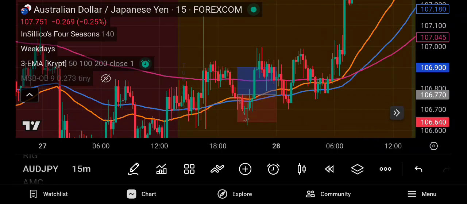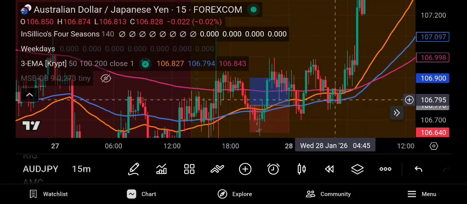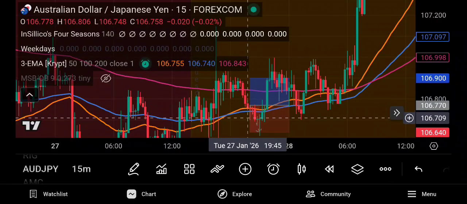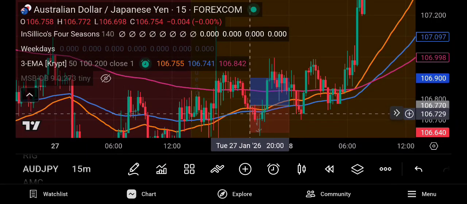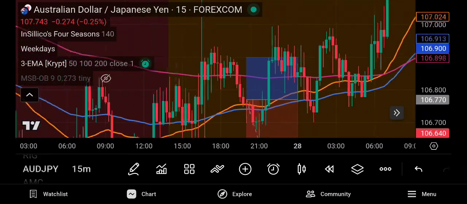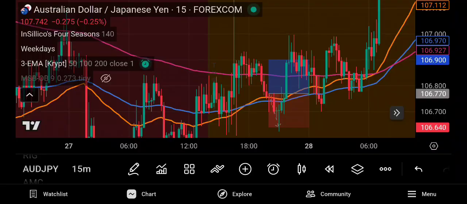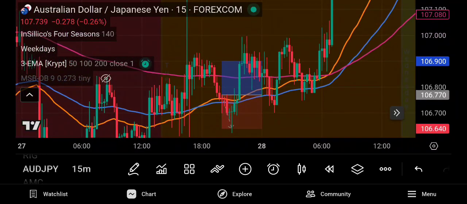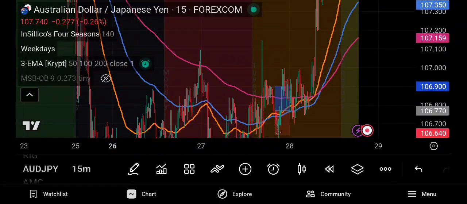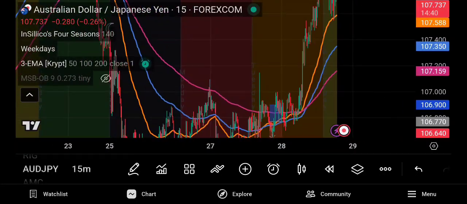So yesterday I took a trade right around this vicinity right here, and I did get taken out by this hammer candle right here. Now, AJ is overall bullish. I had a lot of confluences, so I was only looking for buys at this point.